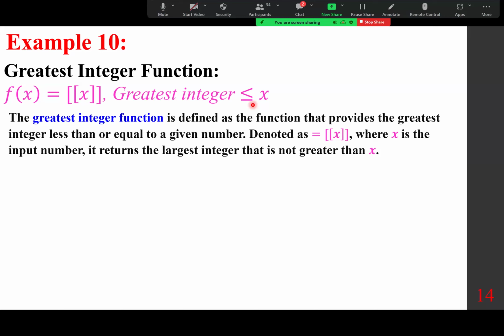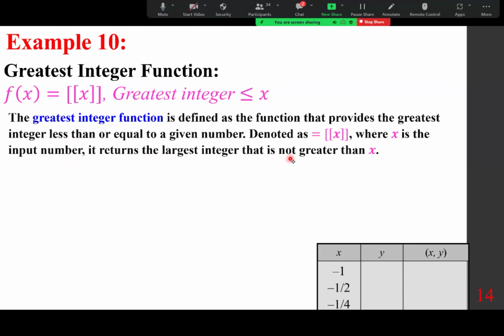The greatest integer function is defined as the function that provides the greatest integer less than or equal to a given number, denoted as double brackets with x inside. Where x is the input number, it returns the largest integer that is not greater than x.